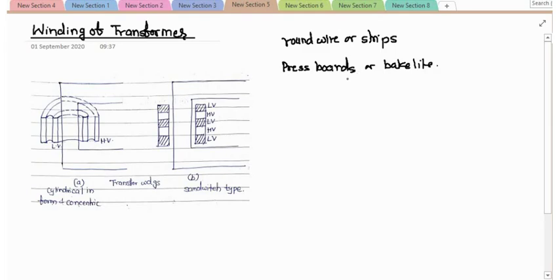In the elementary transformer that I have explained to you at the time of explaining the working principle, the primary and secondary windings are shown on separate limbs of the core for simplicity. However, such an arrangement is not used in actual practice. All the flux produced by the primary winding will not link with the secondary winding, as some of the flux will leak out through the air, and such flux is called the leakage flux.